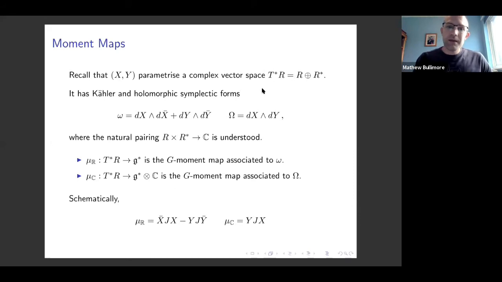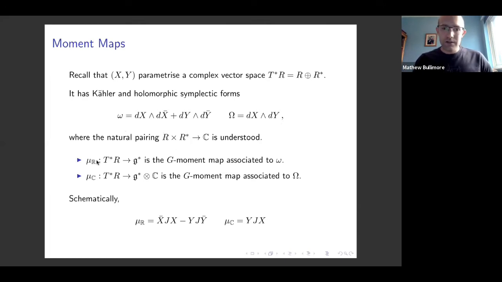This space comes equipped with two natural objects. In the way that I'm presenting it here, they come as a Kähler and a holomorphic symplectic form. So the Kähler form looks like this, and the holomorphic symplectic form looks like this. And both of them utilize the natural pairing on the vector space and its dual, which is implicit in the formulae.